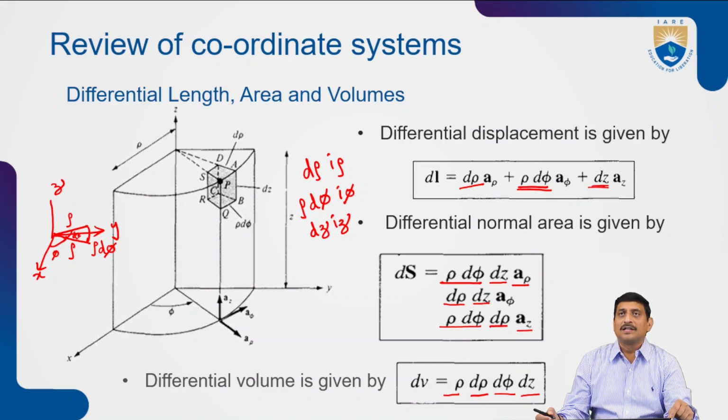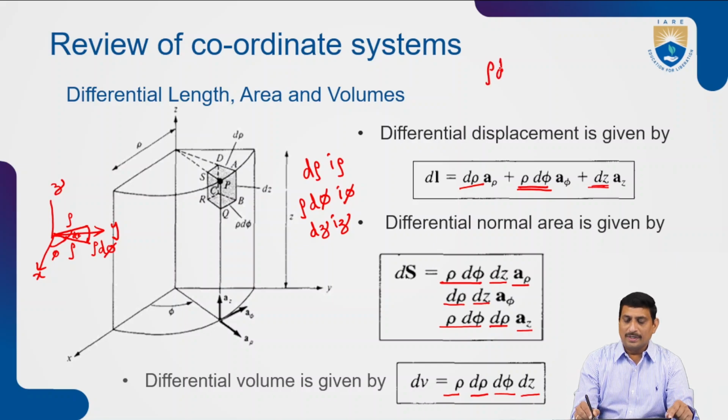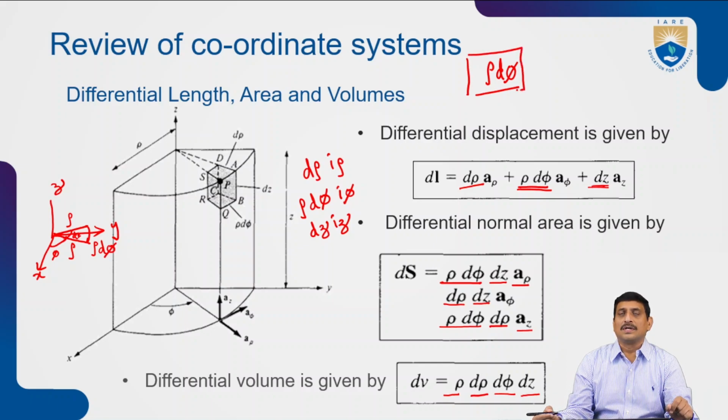If the angle is increased by an amount d phi, the total incremental length in the phi direction is rho d phi. This is the only difference compared to the rectangular coordinate system. Since phi is an angle, as it changes by a small amount d phi, the incremental length in the phi direction is rho d phi.